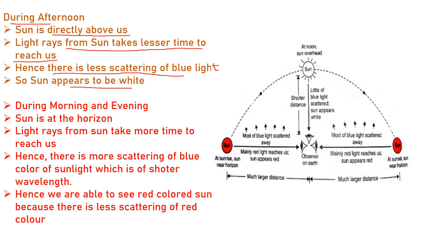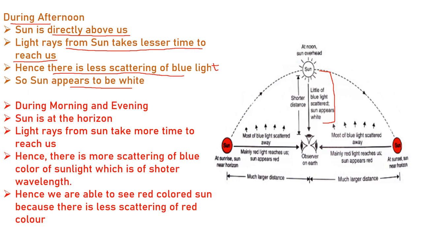Because the distance is less, it is coming across fewer particles. So only a little bit of the blue light is scattered, whereas the maximum part of the light, that is the different colors other than blue, are still there in the white light, which makes the sun look white in color.